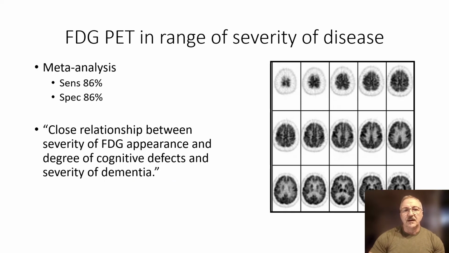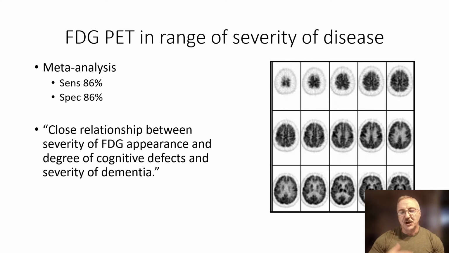Importantly, in this meta-analysis, we also see that with good sensitivity, specificity and accuracy of FDG PET-CT, there appears to be a close relationship between the severity of the appearance and degree of cognitive impairment and the clinical severity of the dementia.